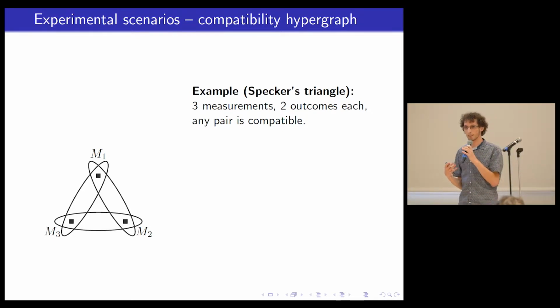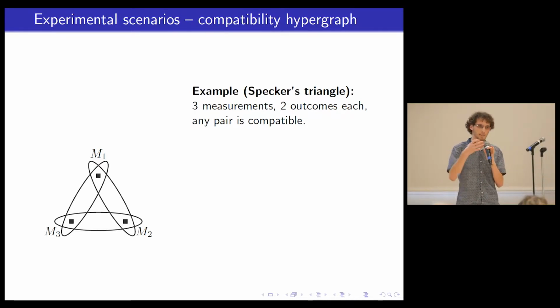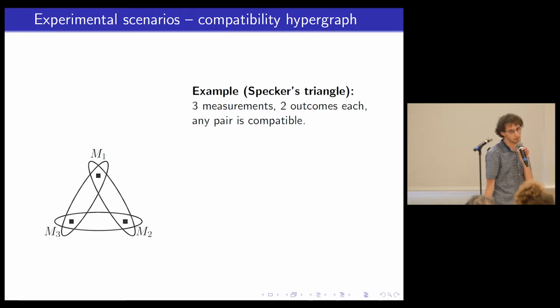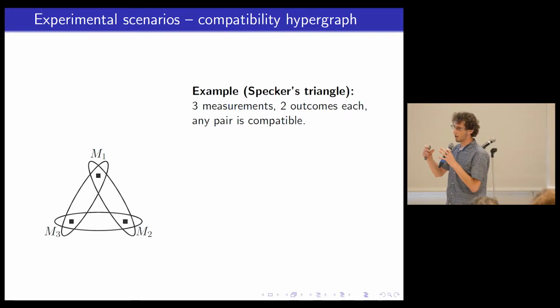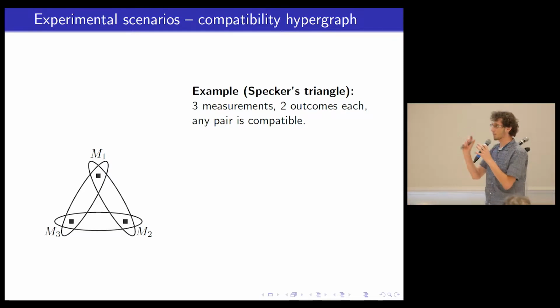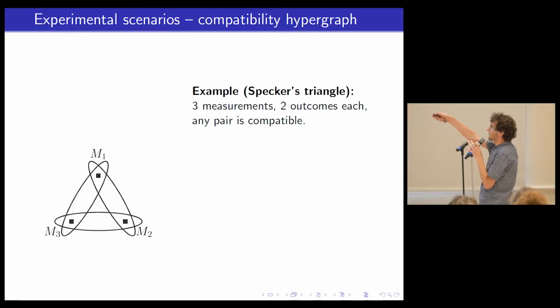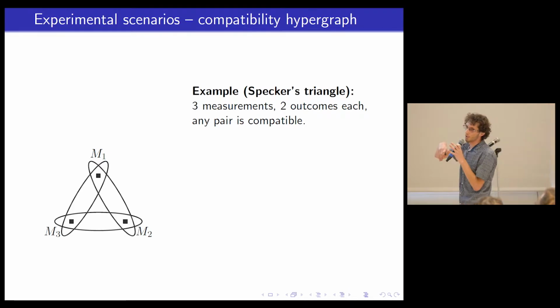Now, as I said in the beginning, there are kind of two ways of approaching the axiomatization or derivation of quantum theory. And even though the analogy does not really hold on the nose, there is similarly some kind of dichotomy between describing experimental scenarios.